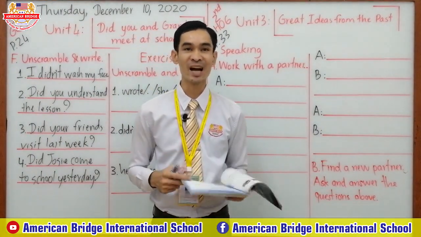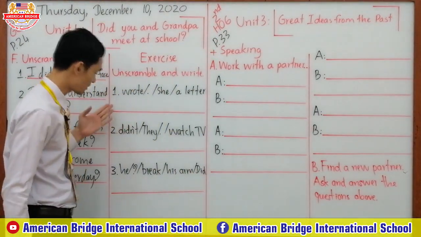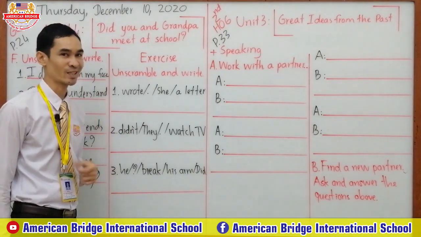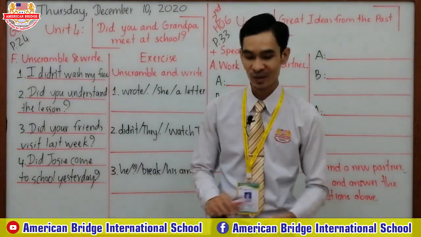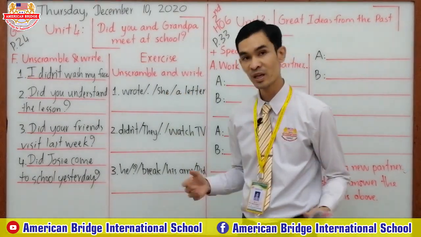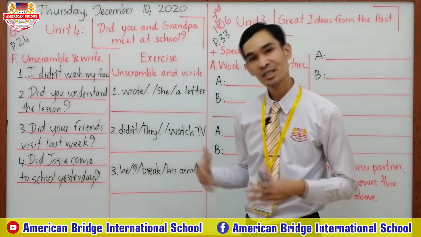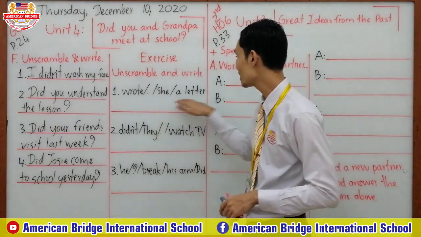I have one more exercise for you to practice. It's the same style. It's about unscramble and write. Okay, so here I have 3 more sentences for you to practice, and I hope you can do it well. So now you can look at this all together. So this one you see a full stop. It must be positive or negative, right? But for negative we have didn't, and this sentence has no didn't.